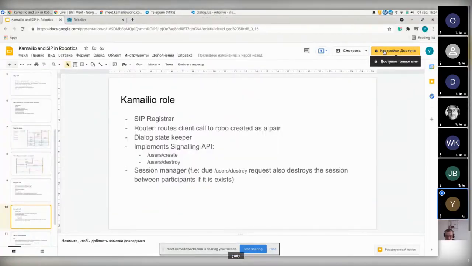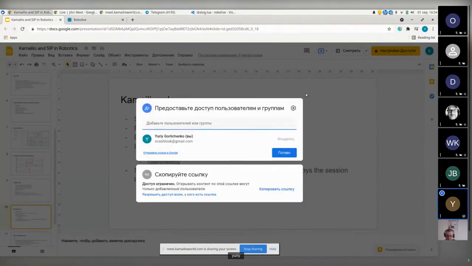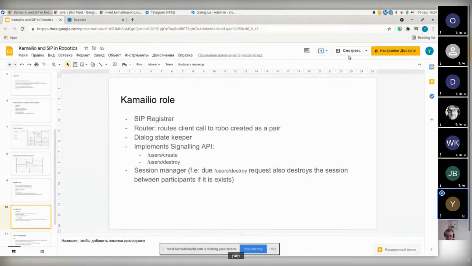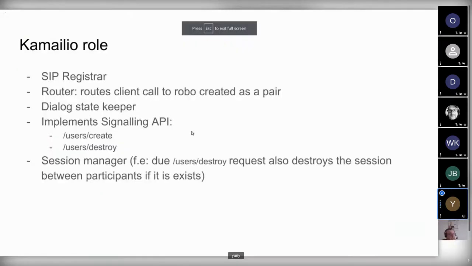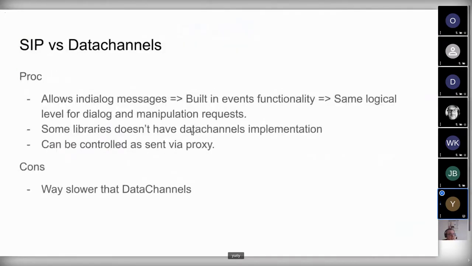Oh, sorry, wrong slide. Yeah, so this robot for sure, and probably one of the important questions: why SIP here? There is a kind of comparison between SIP and data channels, and for SIP there are some pros.